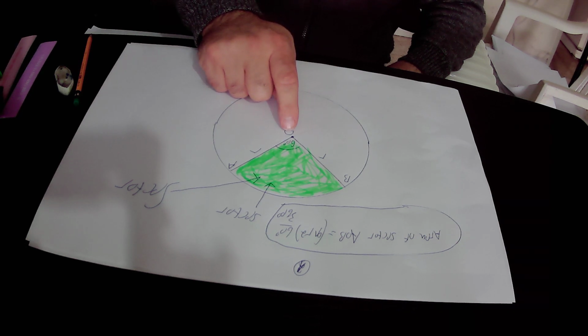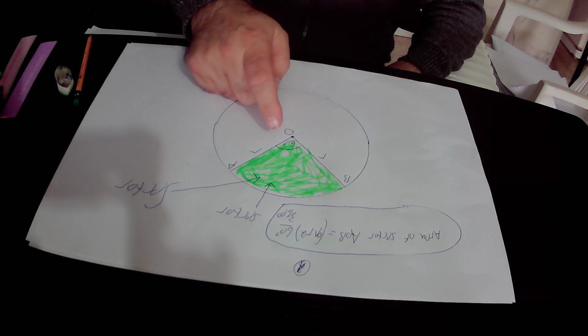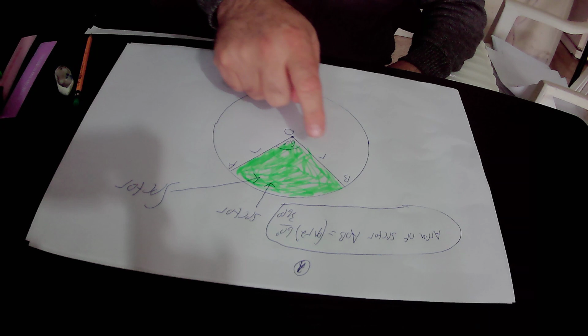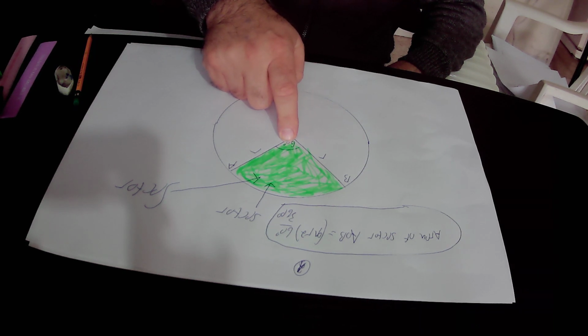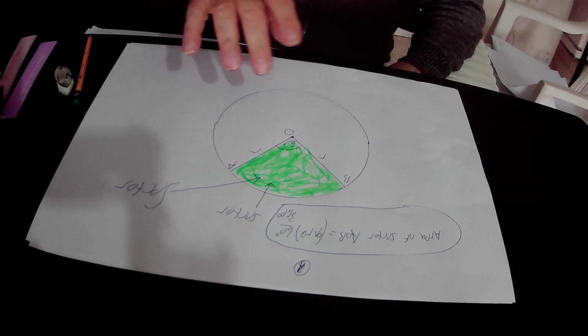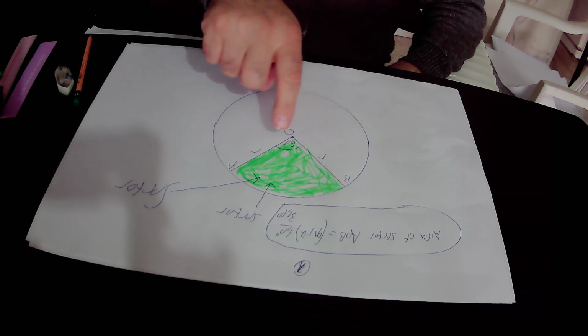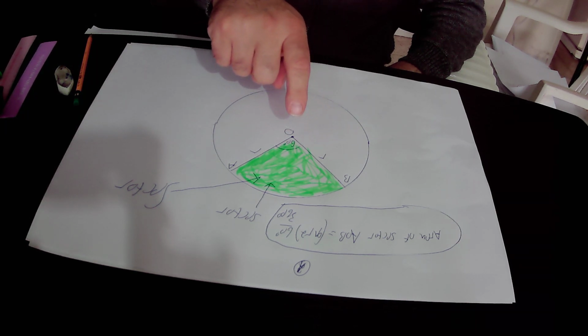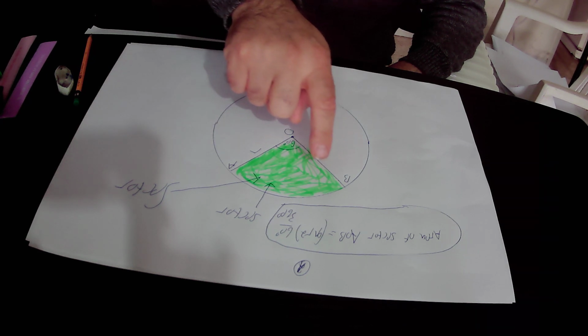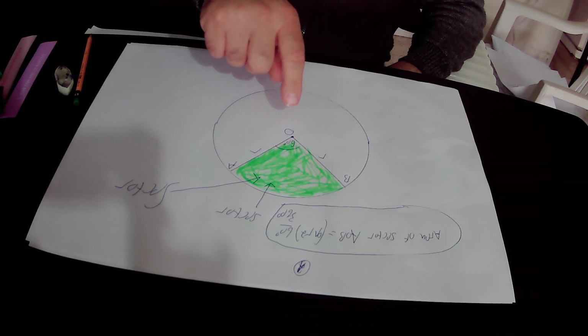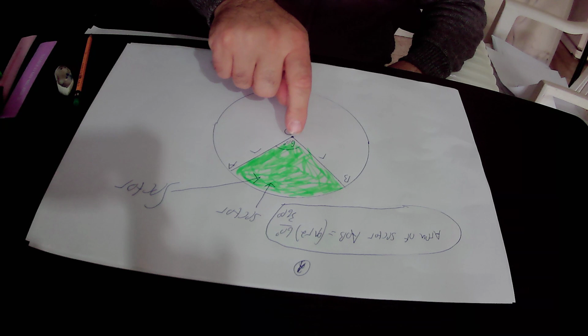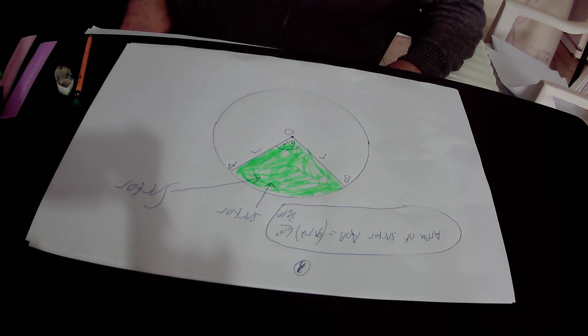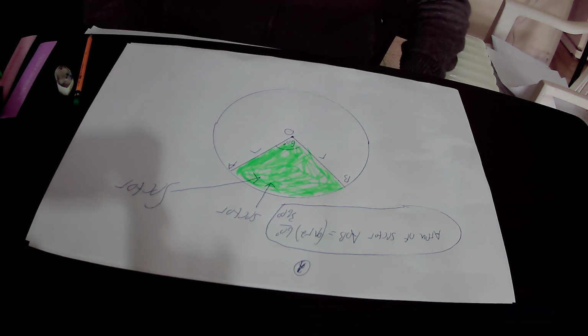In this specific case, the angle between those two radiuses is equal to 60 degrees. So the area of this sector in the green color equals pi r square times 60 degrees over 360 degrees.